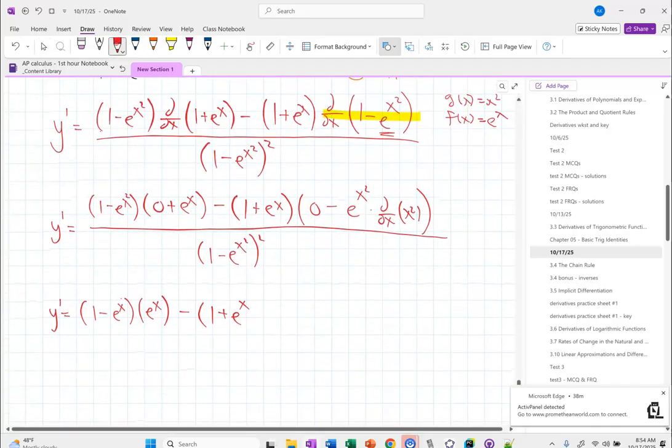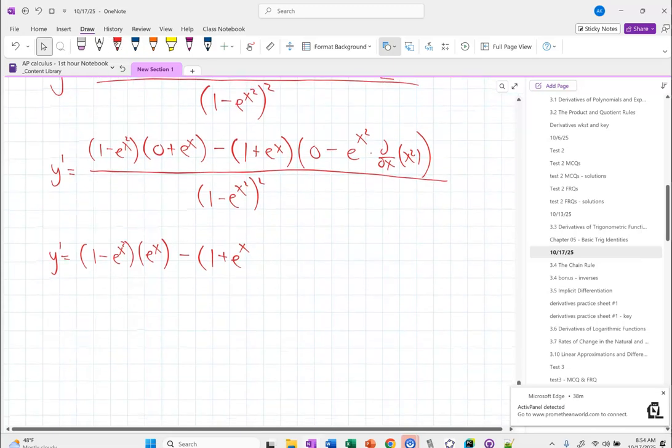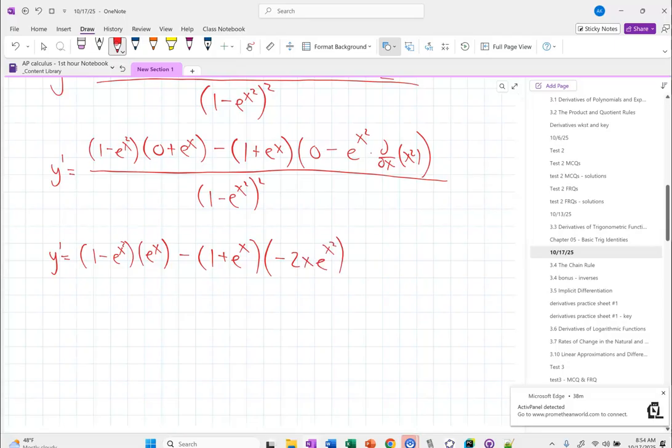Oops, forgot to copy the squared on that. So you could just leave it at that, you don't have to solve it. If this is a free response question, you could stop here, yes.